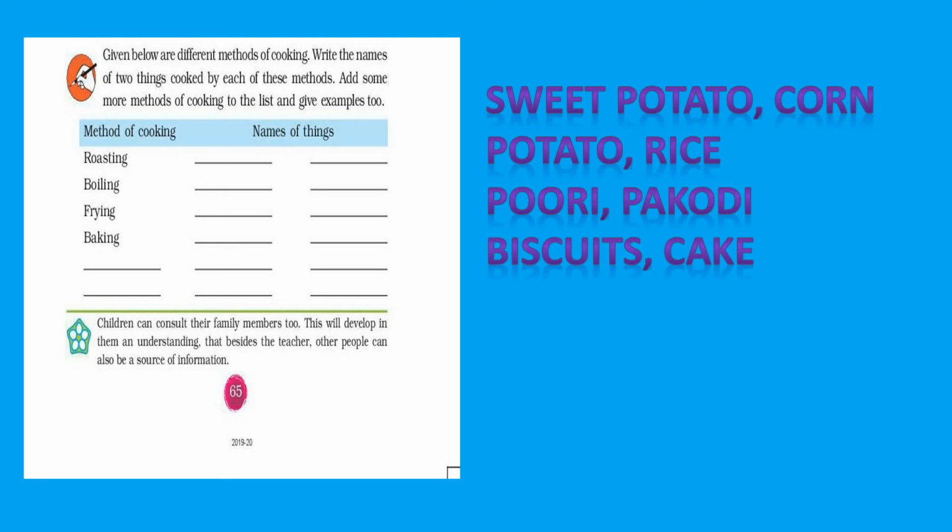Potato and rice are the food items that are cooked by boiling. Puri and pakode are cooked by frying. Biscuits, cake are baked. Now students, you may write your own answers also in baking.